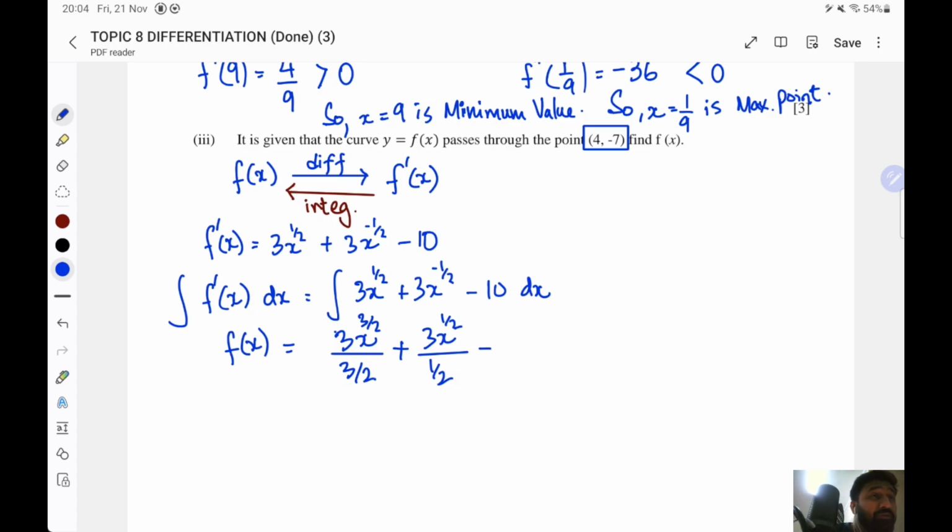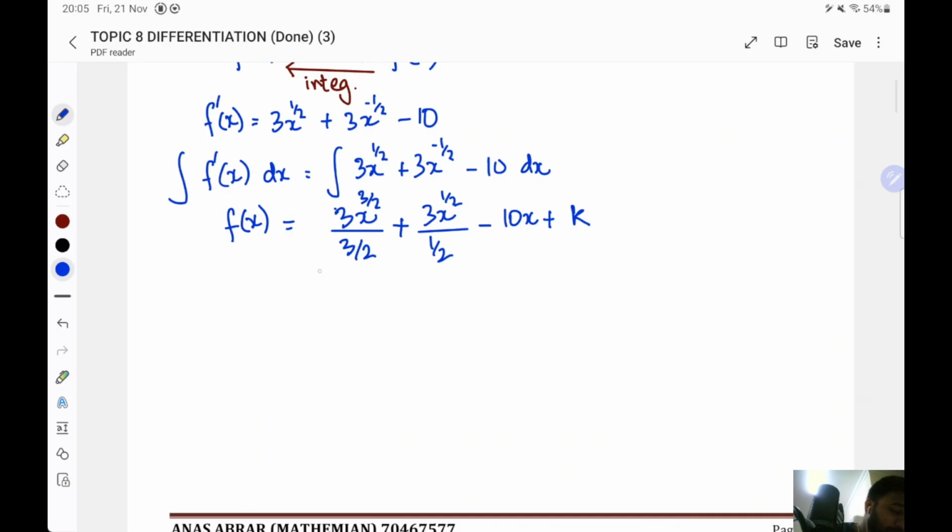And since, if you recall, the differentiation of 10x is 10, it's exactly the opposite of it, which will be 10x. And I hope you remember that you are always going to add a constant value whenever you do integration without limits. Now let's move forward and simplify.